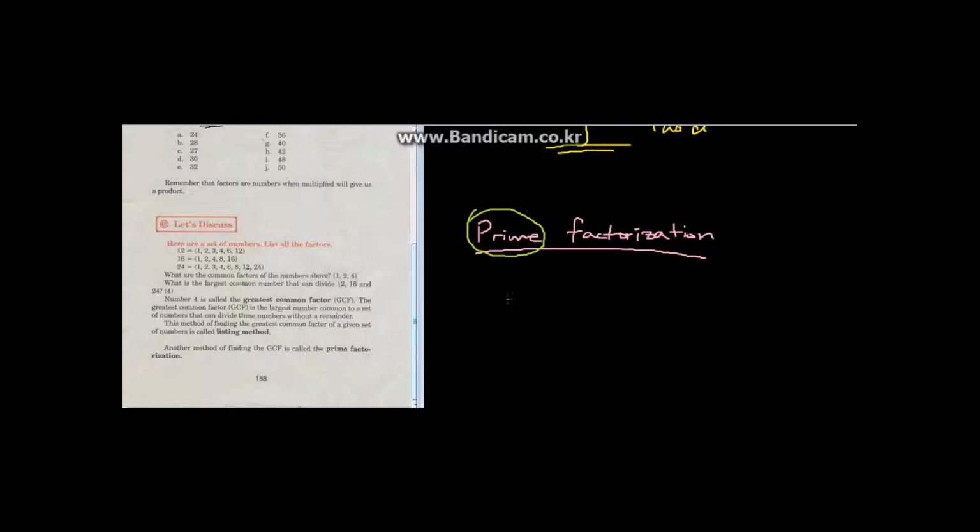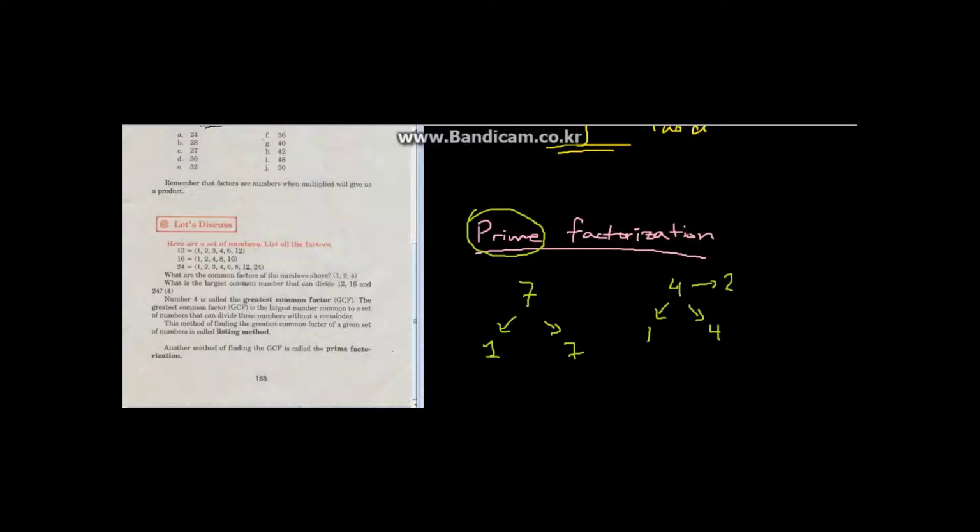A prime number is a number that is only divisible by the number itself and 1. For example, 7 is only divisible by 1 and itself, 7, right? What about 4? 4 is divisible by 1 and itself, but it is also divisible by 2. So 4 is not a prime number. 7 is a prime number.